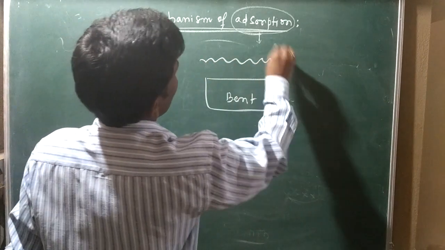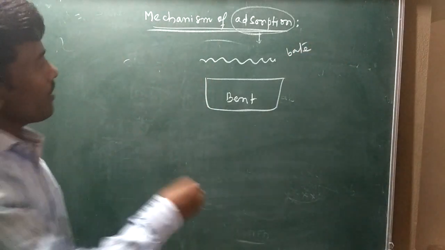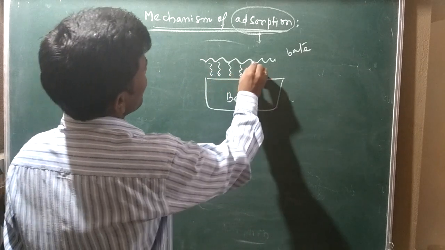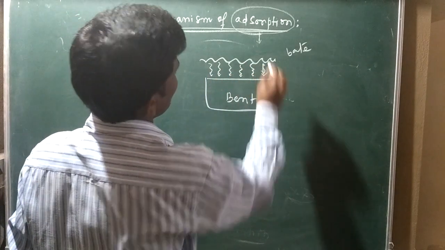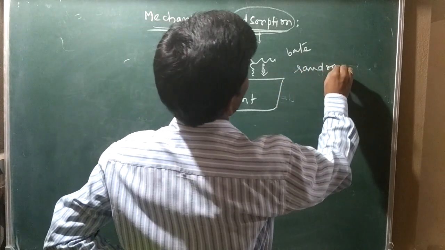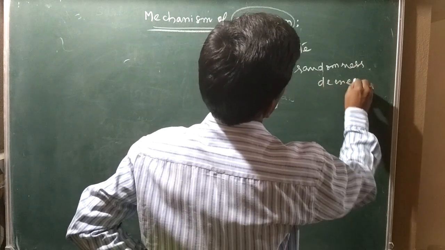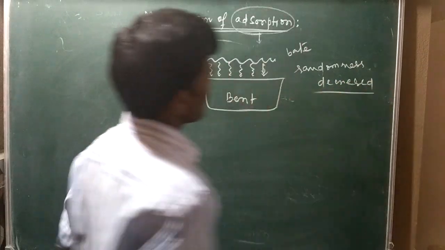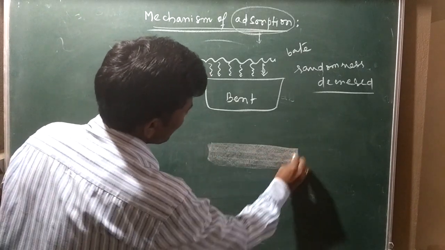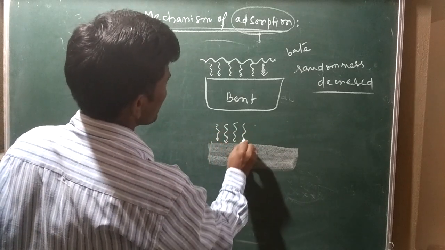This is my adsorbent and this is my adsorbate. When the number of interactions between them increases, the randomness automatically decreases. Why? Earlier the surface is completely free, so particles can be accommodated very freely and easily.